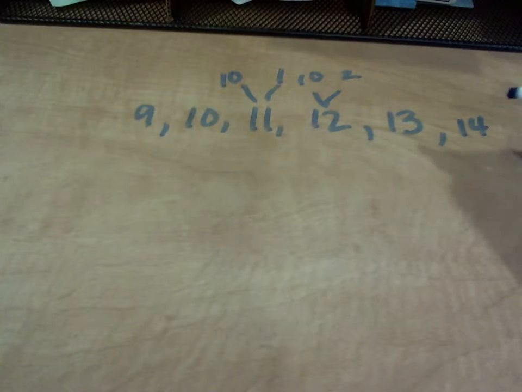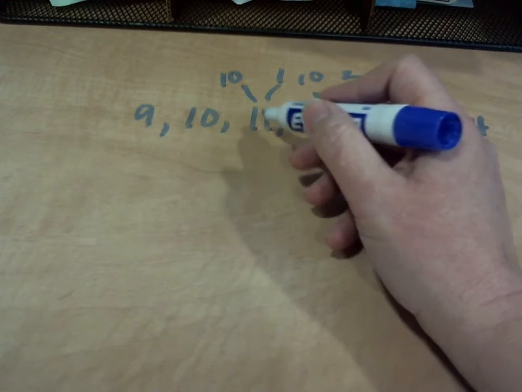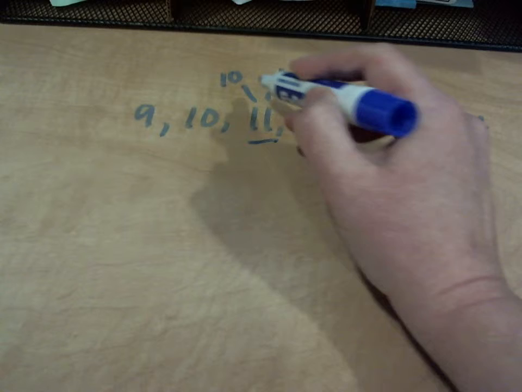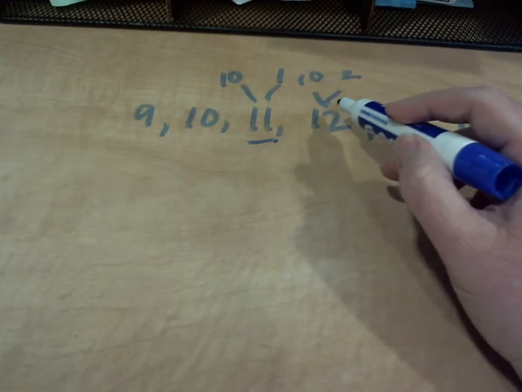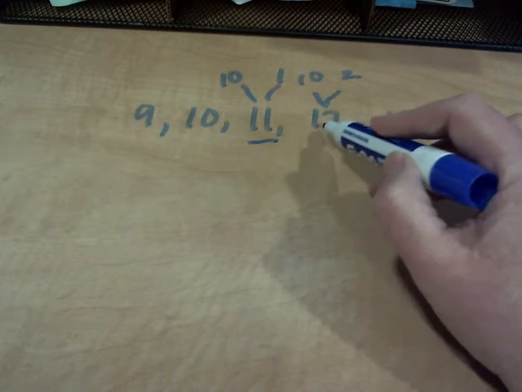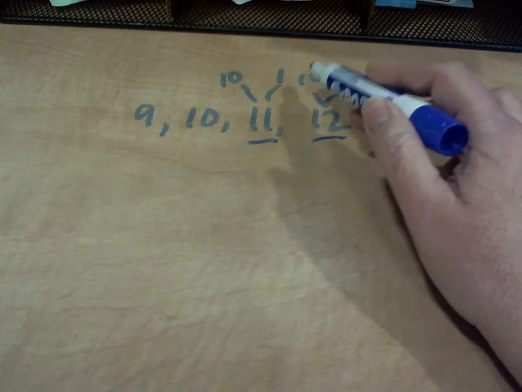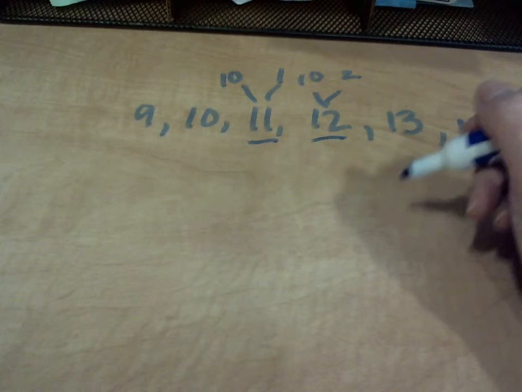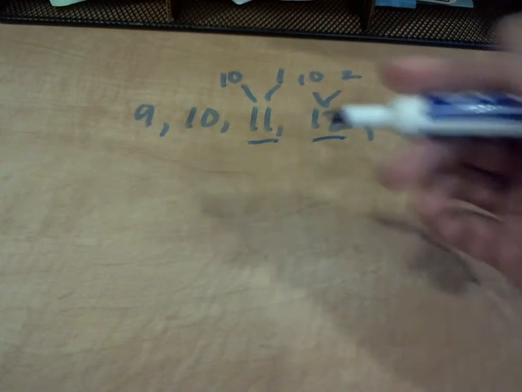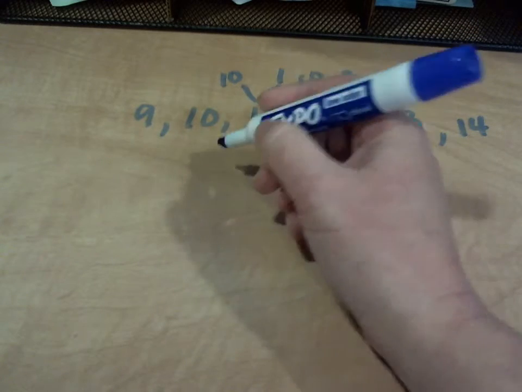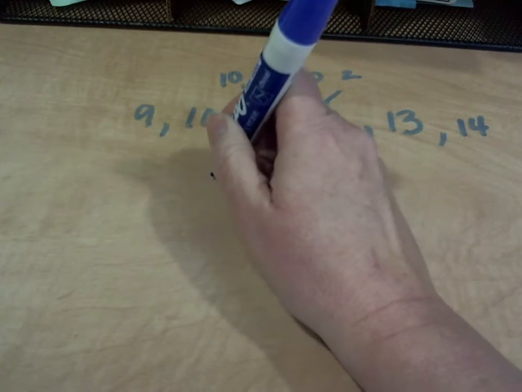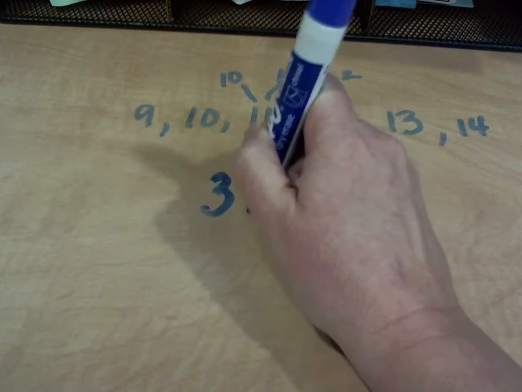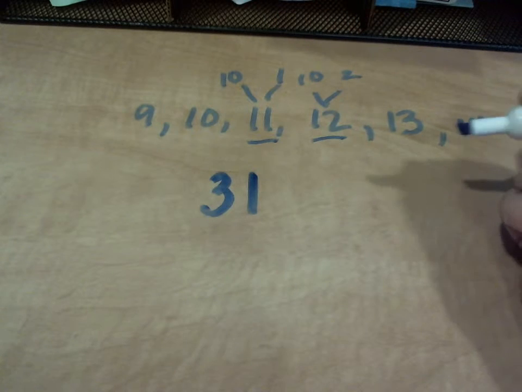But what I want to focus on is really thinking about when we're breaking 11 down into this 10, 1, the place value. And with 12, we're thinking about it as 10 and 2. Now, that's all good and fine if we keep it going. Here's what I want you to think about: I said in an earlier video, we had the number 31. What is that?